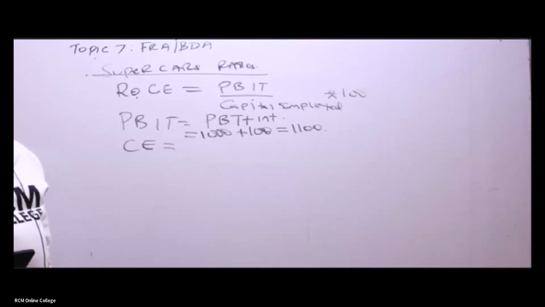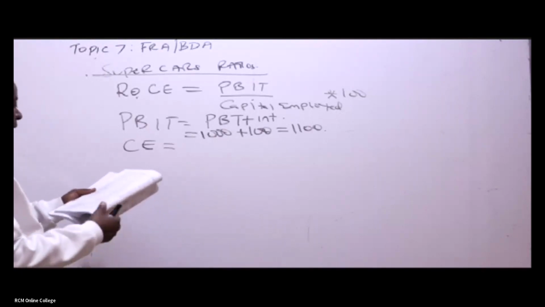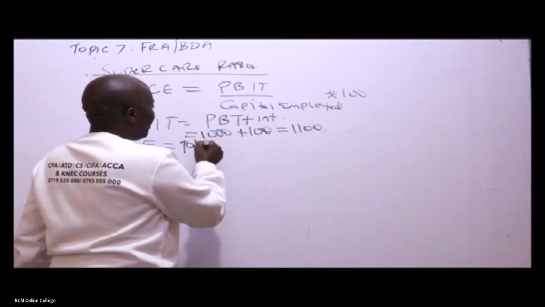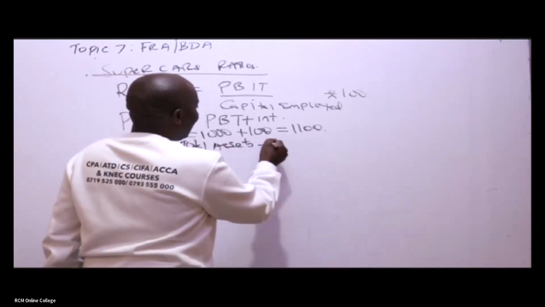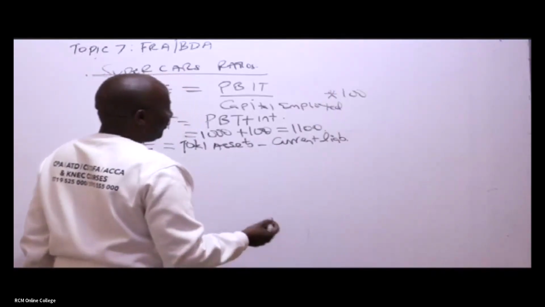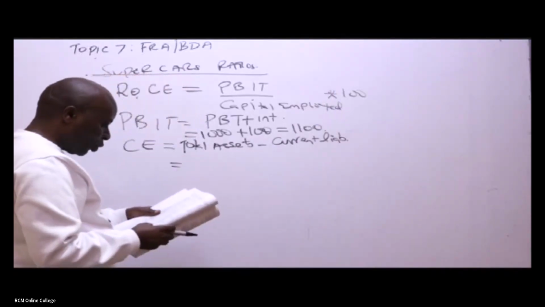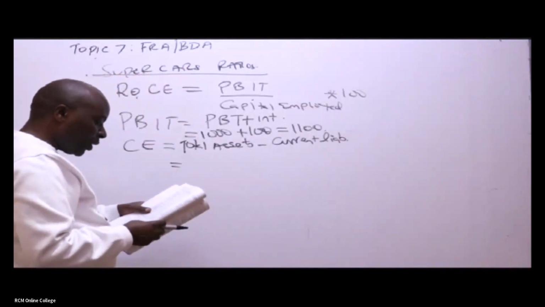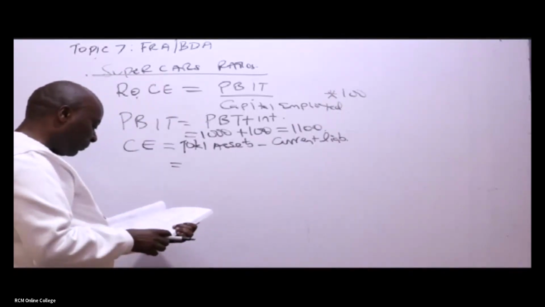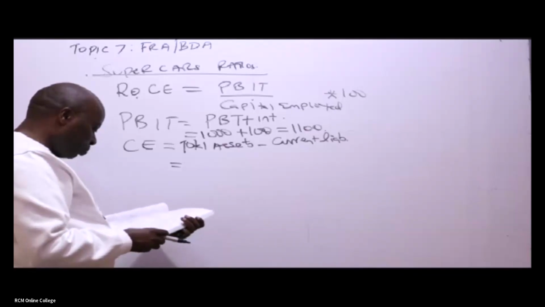So are they able to get these figures? Let's see. So capital employed. How do we get this capital employed? It's very easy. It is total assets minus current liabilities. So total assets, are you able to see the total assets, ladies and gentlemen, for this question for Supercars?